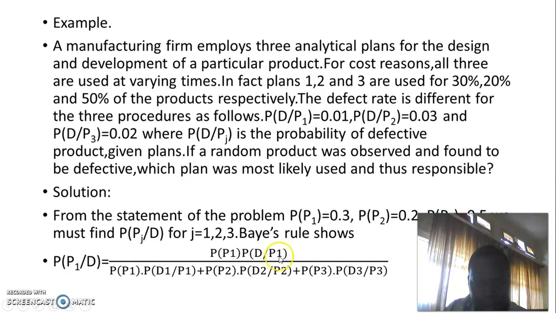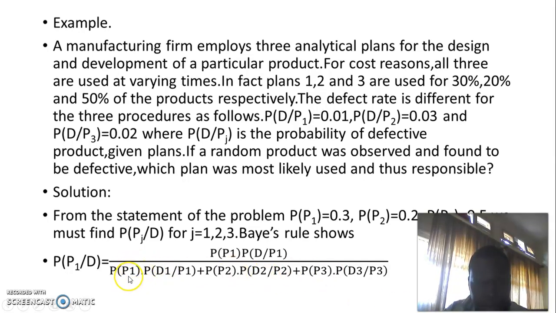Remember, you first select the plan and then you determine whether it is defective or not. But the reverse is not true. That's why we need to apply the concept of Bayes rule.